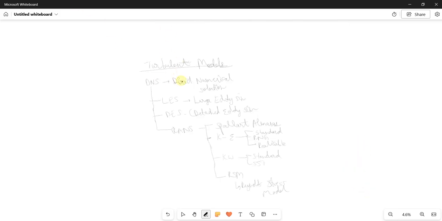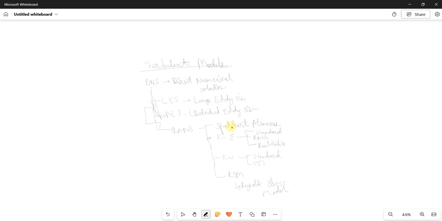Before I move on, I'll just discuss the tree again. You have DNS, direct numerical solution. Then you go into LES, large eddy simulation, and DES, detached eddy simulation. These are independent of each other. Okay, DES comes under LES, my bad. Then you have RANS, the Reynolds averaged Navier-Stokes equations.